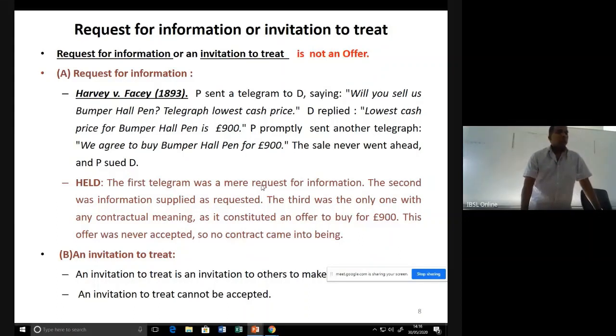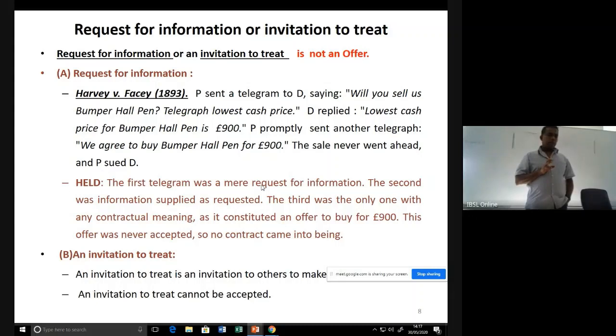Take this case, Harvey versus Facey, 1893. What happened in this matter? A person named P sent a telegram to person D. What did he say?